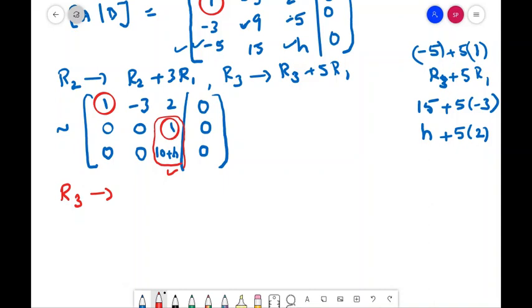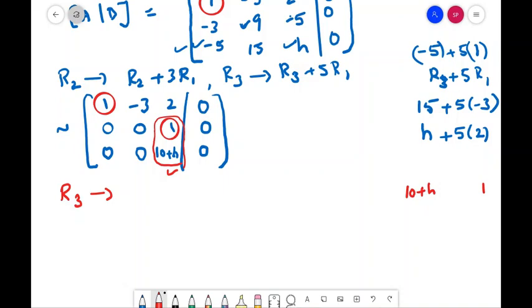What do I have to do? So 10 plus h I have, and here I have 1. So how can this be 0? So 10 plus h, and this 1 multiplied with the 10 plus h. Let me write it clearly. You have 10 plus h here and you have 1 here.